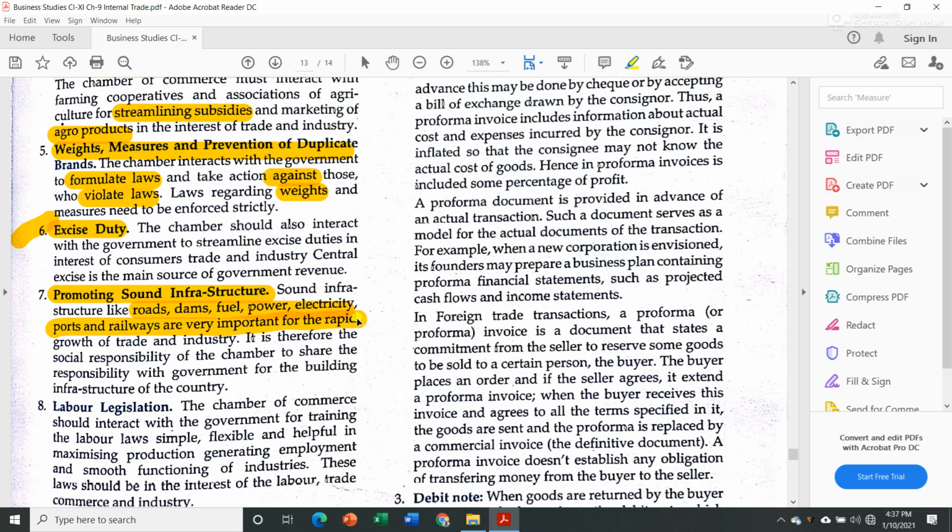If you don't have proper transportation, if you can't communicate with your suppliers or consumers, then you will not be able to run your business smoothly. So these things are very important for the growth of trade and industry. So it is the social responsibility of FICCI to share the responsibility with the government. Means only the government is not responsible for building this infrastructure. FICCI also tries to help the government.